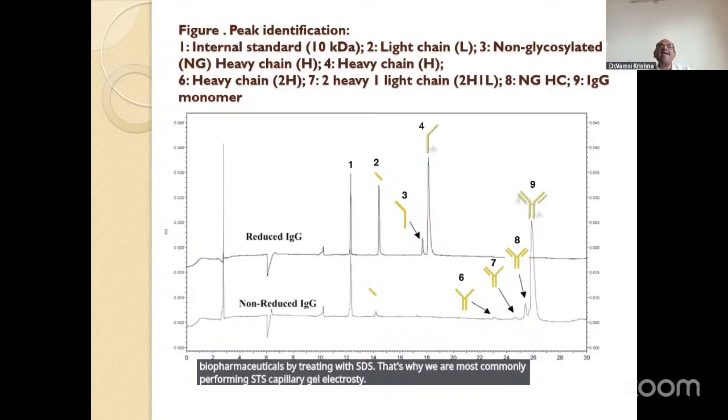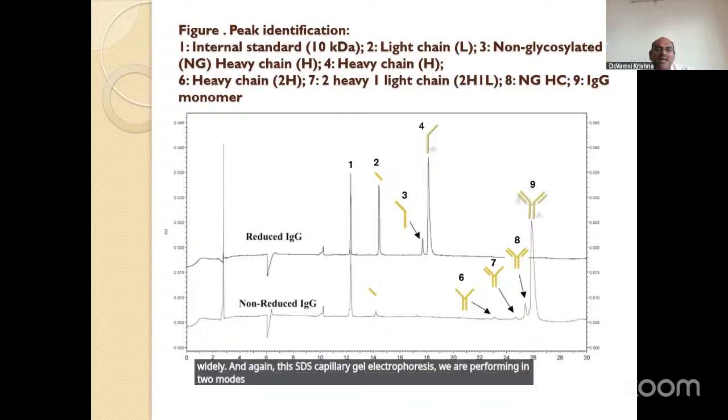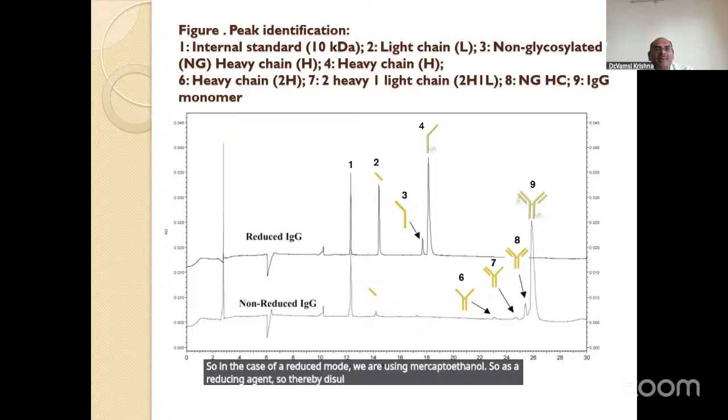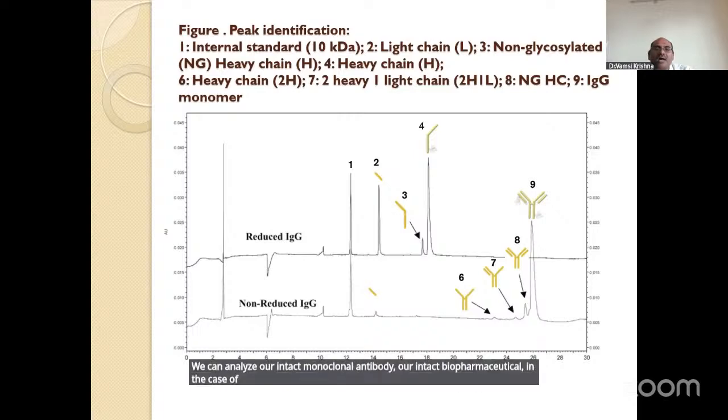Again, this we perform in two modes, reduced mode and non-reduced mode. In the reduced mode, we use mercaptoethanol as a reducing agent, so disulfide bonds are broken and we can observe different fragments. In the non-reduced mode, we can analyze our intact monoclonal antibody or intact biopharmaceutical.